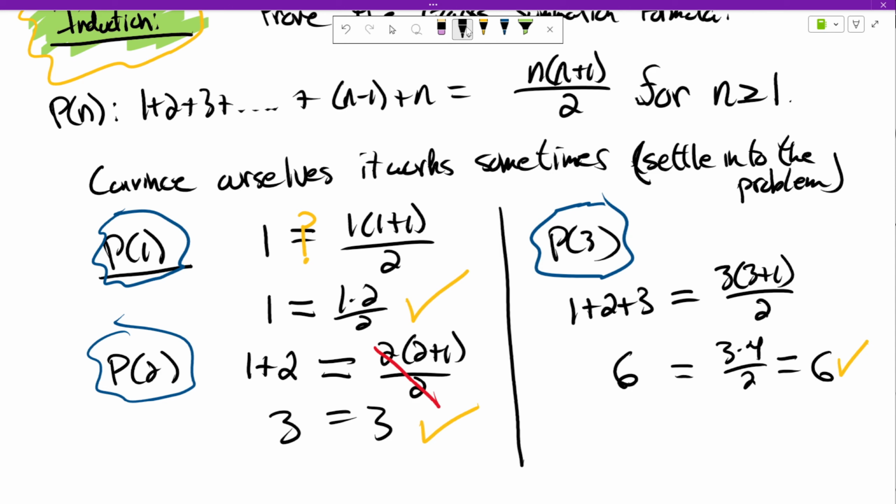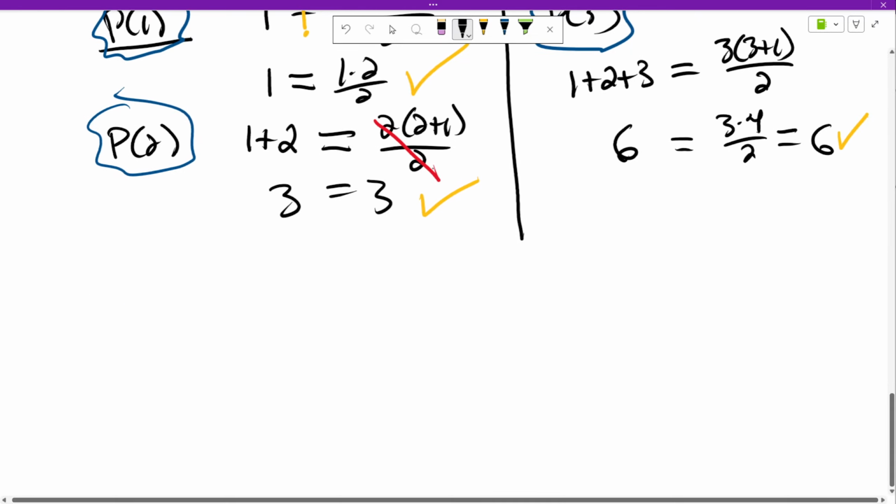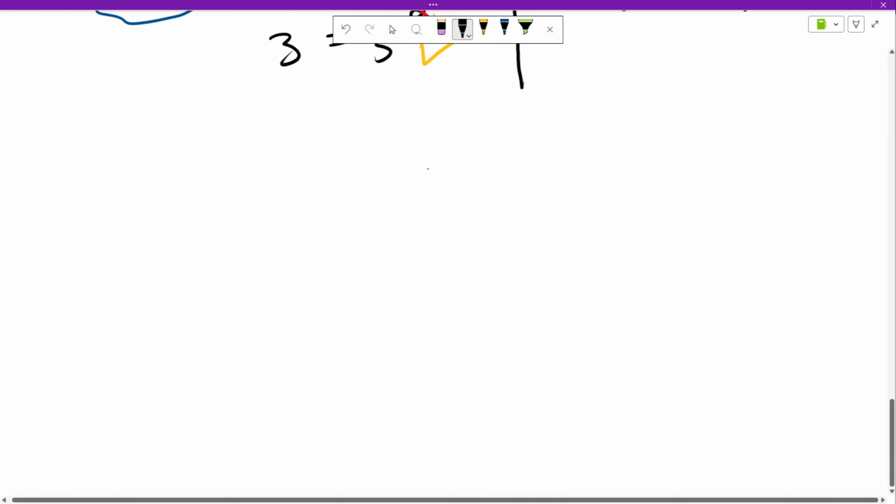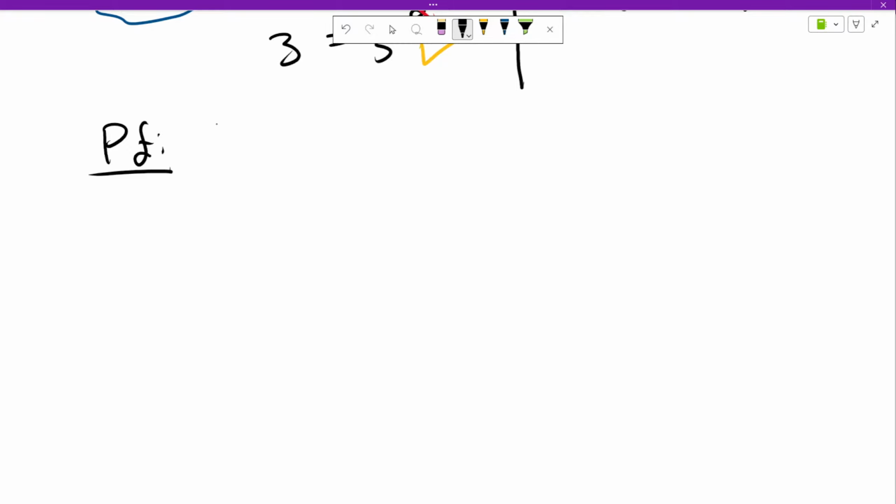At this point, we would try to now prove it, and we want to prove it with induction. So let's do that now. We'll be really formal about this. It's always good to tell whoever is reading the proof, which is either me or one of your colleagues, what you're doing.